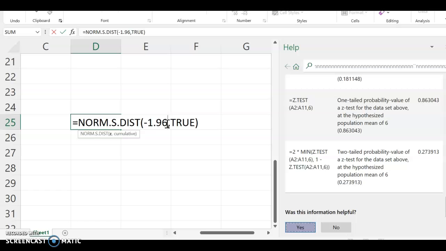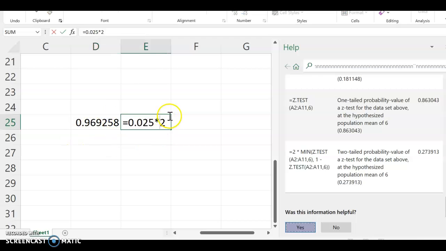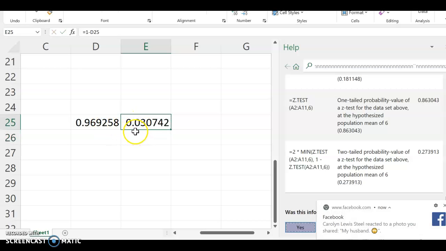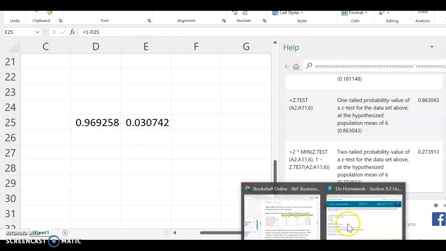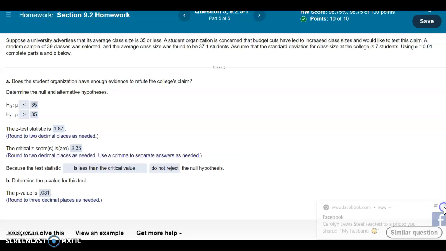Our test statistic was 1.87, and we want it to be cumulative. Well, that is going to be the left side, the less than side. We want the greater than side, so 1 minus that. So your p-value is going to be 0.031. So let's look at it. 0.031 for your p-value.